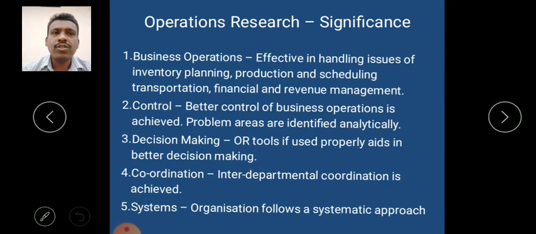So what are the significance or importance of operations research in today's world? There are five main important things that operations research or operations researchers do to business organizations. The first one is business. It improves the business operations. It is effective in handling issues of inventory planning, production, scheduling, transportation, financial and revenue management services.